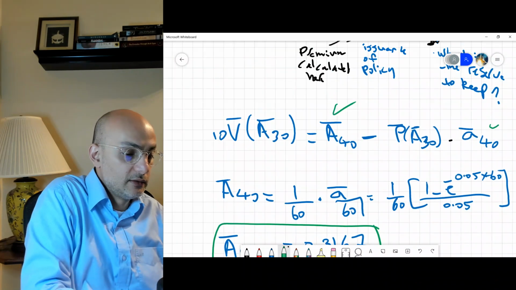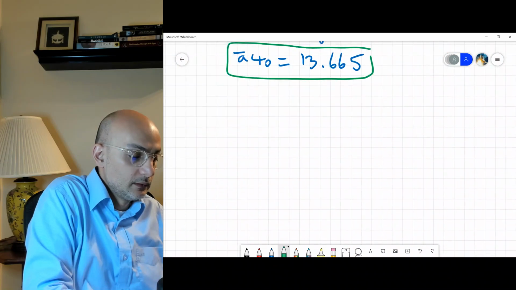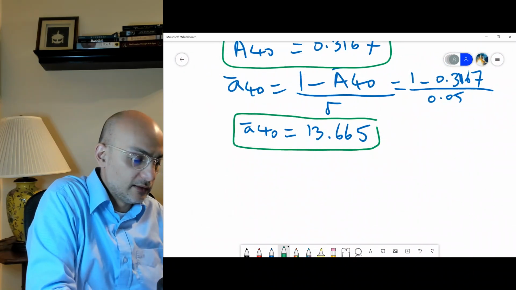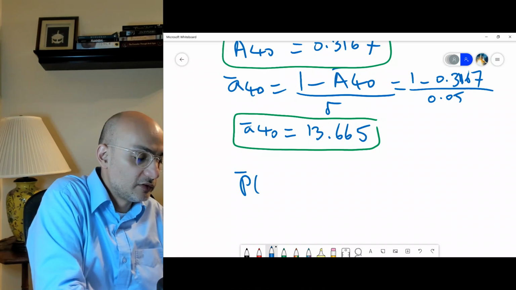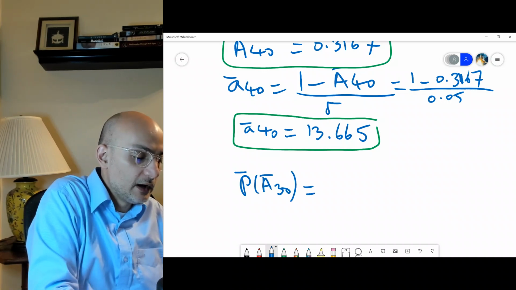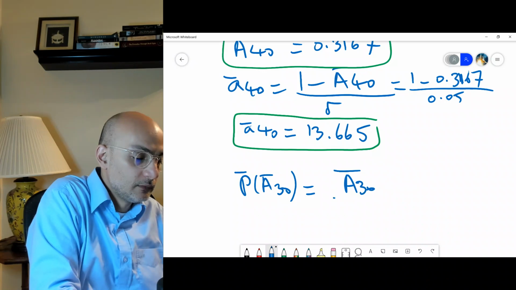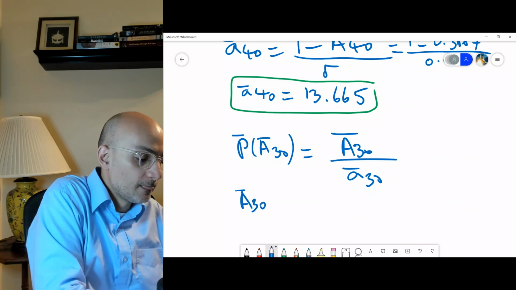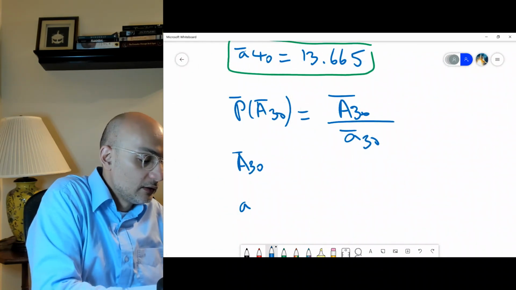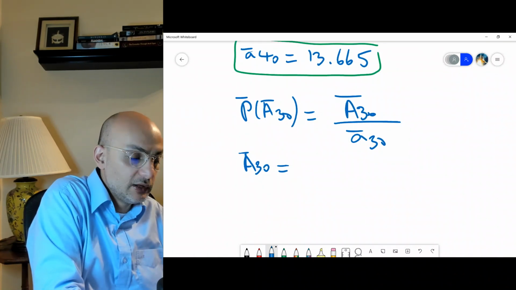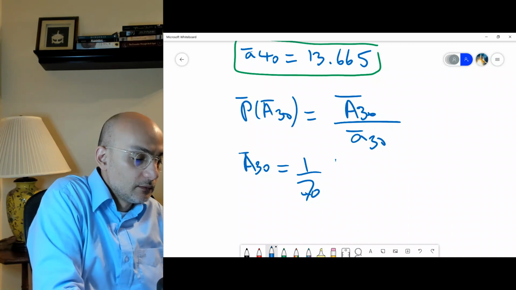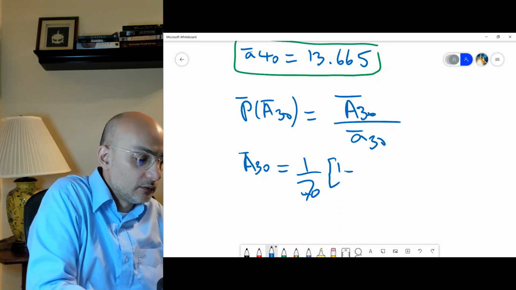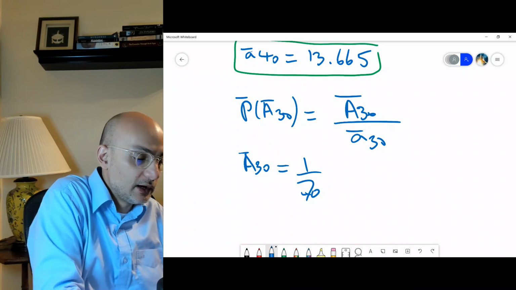What else? We got this, now we need the premium. Remember, the premium is set at the time of issuance of the policy. How we calculate this one is A_30 divided by the annuity at 30. So we still need A_30. Same logic. Now we have 100 minus 30, which is 1 over 70, multiplied by the annuity certain for 70 years.